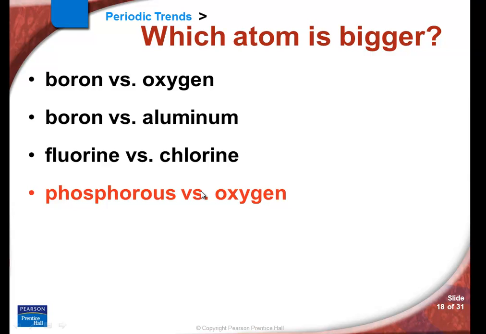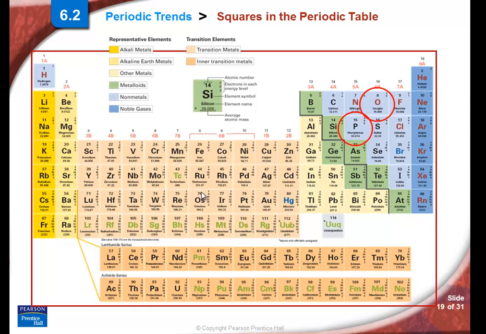Okay, phosphorus versus oxygen. Now this one is slightly trickier because it's not a clean comparison, right? Because phosphorus is not only not in the same period as oxygen, it's not even in the same group.